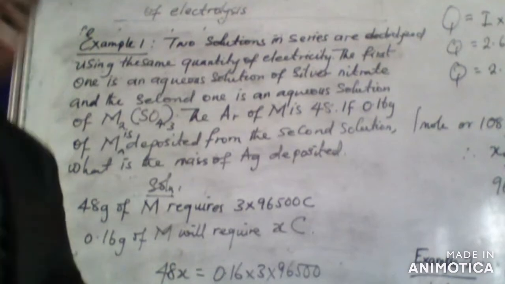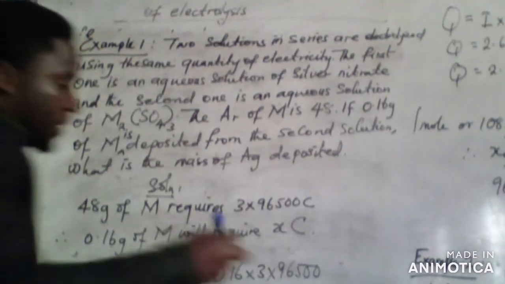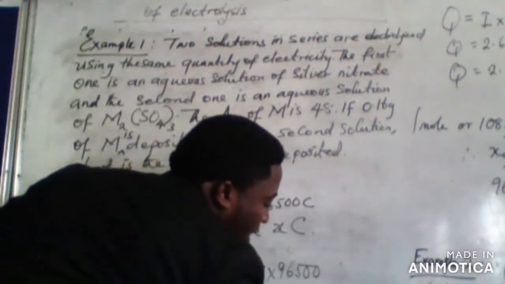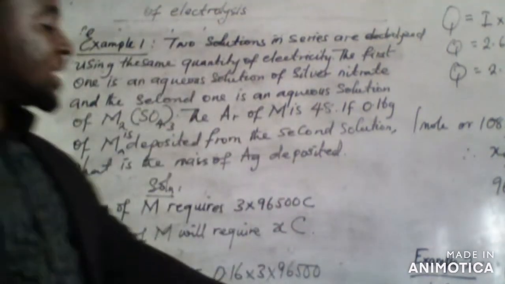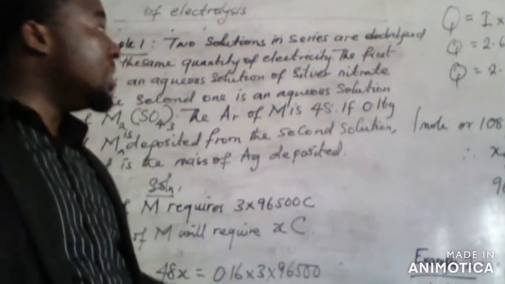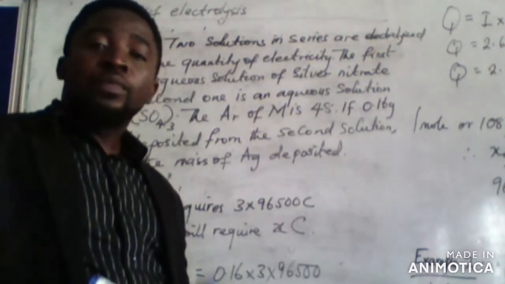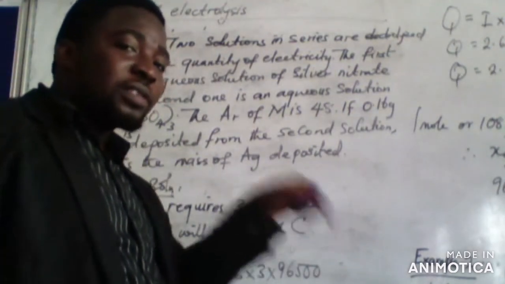That will give me 965 coulombs of electricity. So now this 965 coulombs of electricity is the same quantity of electricity that was supplied in the first cell.